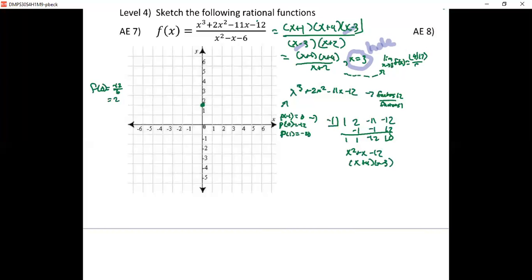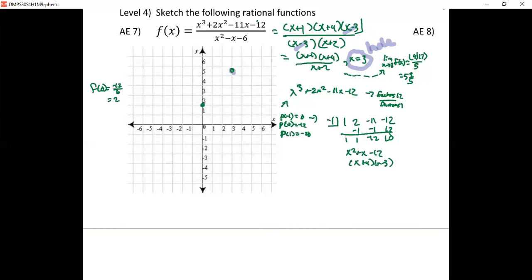And 3 plus 2 is 5. So 4 times 7 divided by 5 is going to be 5 3/5. So I have a hole at (3, 5 3/5). So 1, 2, 3, 4, 5 3/5. We have a hole right about there. That hole once again comes from the fact that x cannot equal 3.